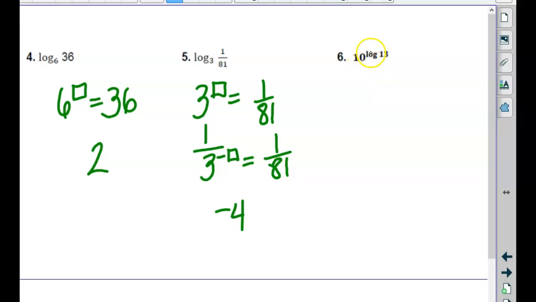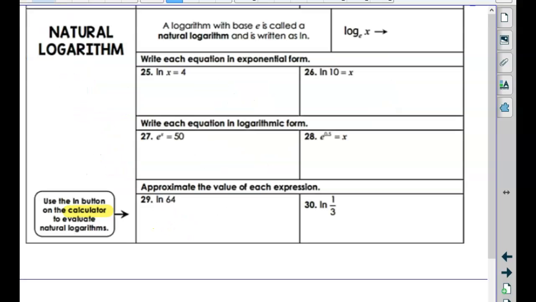Okay. This seems like we need a calculator, but this is actually log base 10 in the exponent power, so they would undo each other and just be 13. All right, a logarithm with base e is called a natural logarithm.